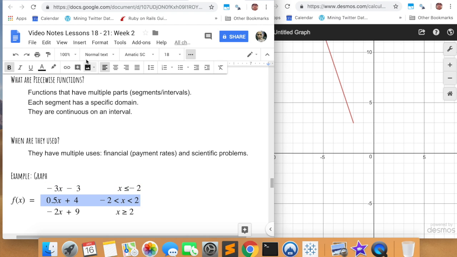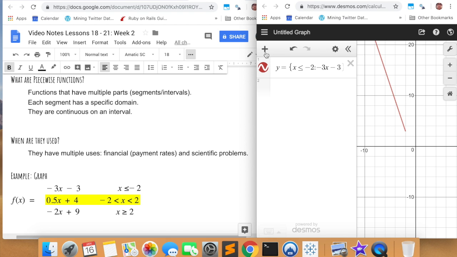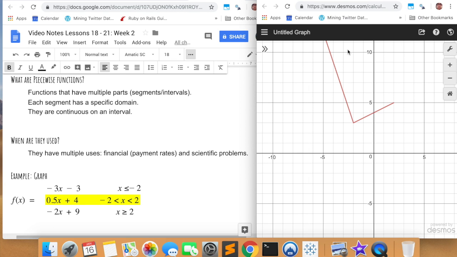The second interval in our function is when x is less than 2, but greater than -2. You can see that that slope is different than the first one because it's a completely different equation.